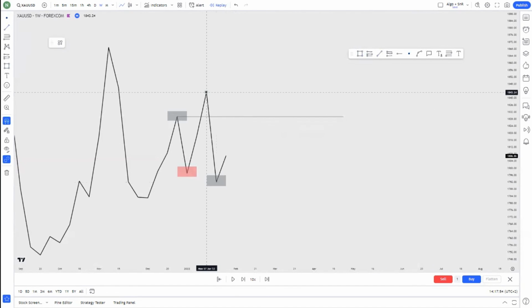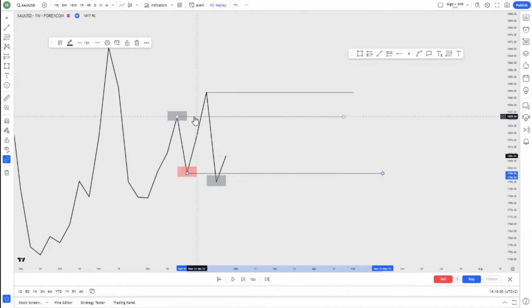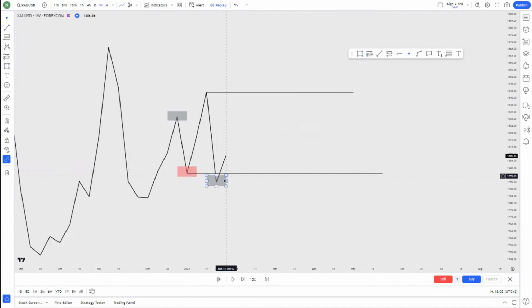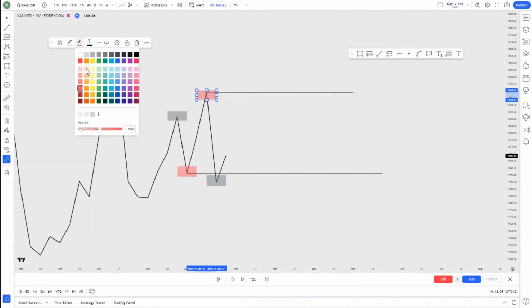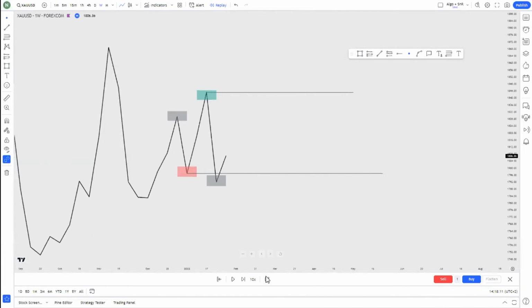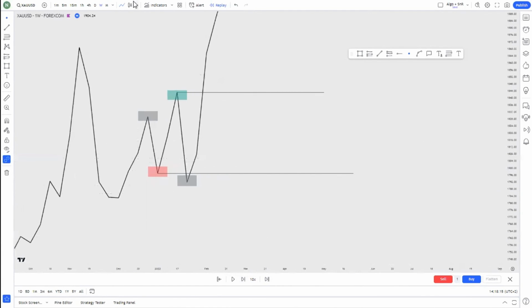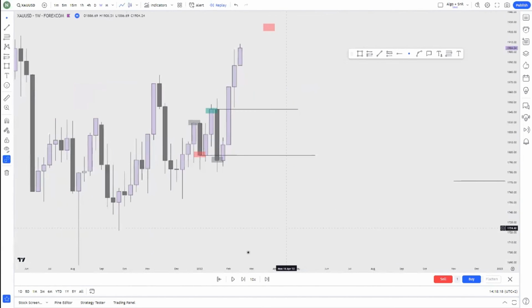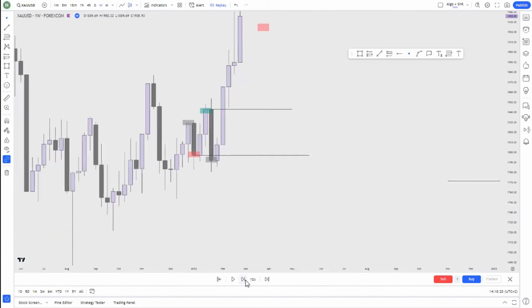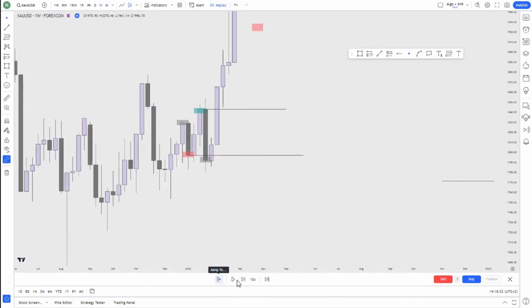So for us to validate this left shoulder right here as a support and resistance level, we would want to see the market closing above this A right here. This A right here. So something like this. Then this is going to be our left shoulder. That's going to be our left shoulder right there.